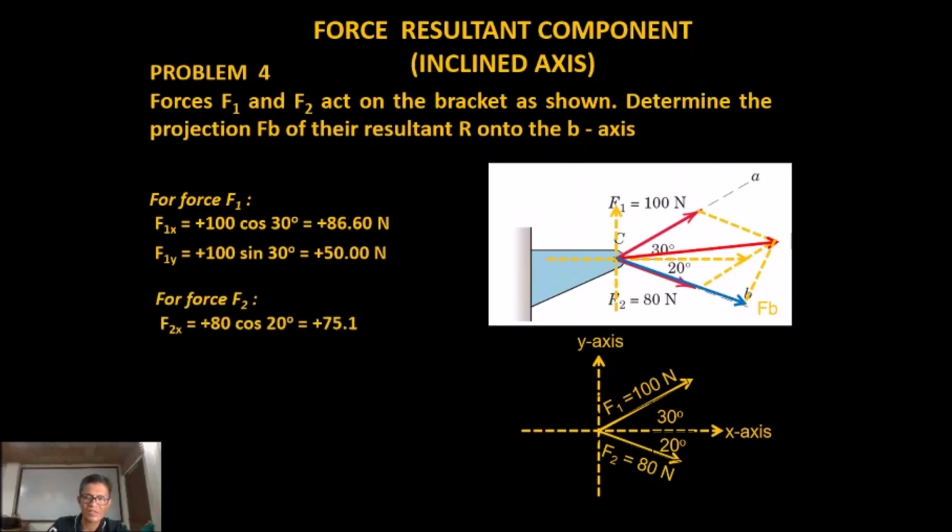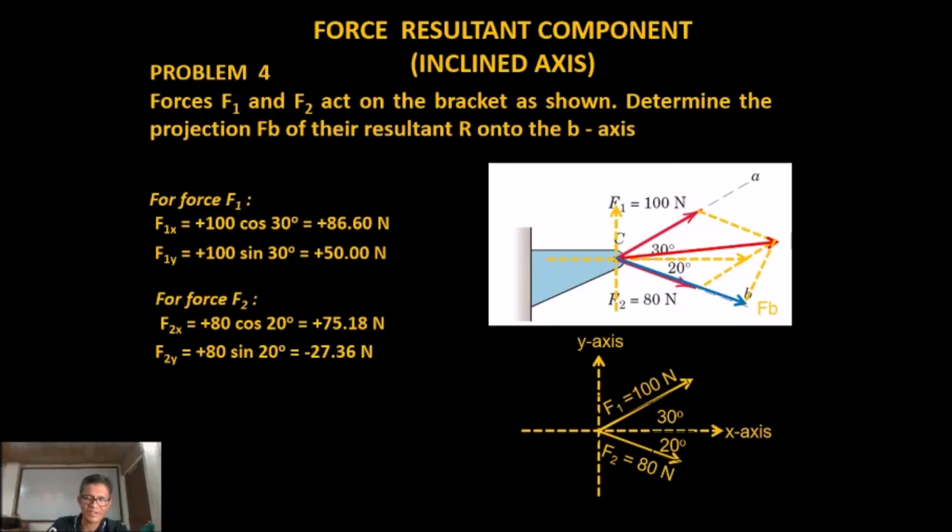So F2x is equal to positive 80 cosine of 20 degrees, and that is equal to positive 75.18 newtons. F2y is equal to negative. So typo error yun in a way, yung answer natin is negative. So negative 80 sine of 20, that is equal to negative 27.36.